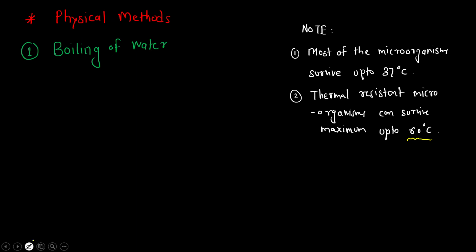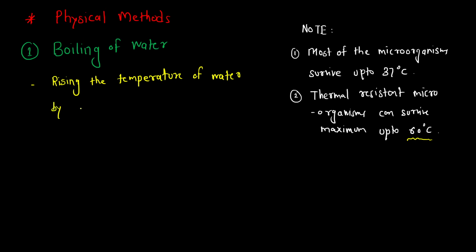So in this boiling of water, what we are doing is raising the temperature of water by supplying heat energy. When the temperature is greater than 80 degrees Celsius, there is a complete destruction of microorganisms. So write down: raising the temperature of water by supplying heat energy.